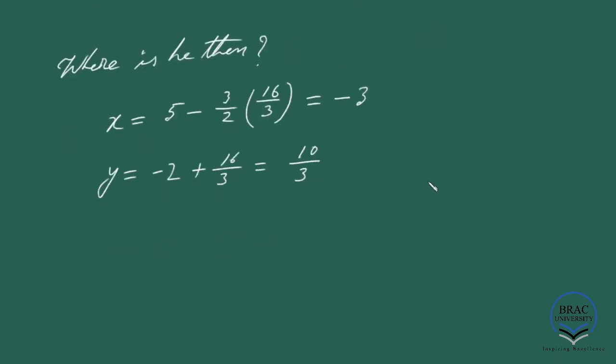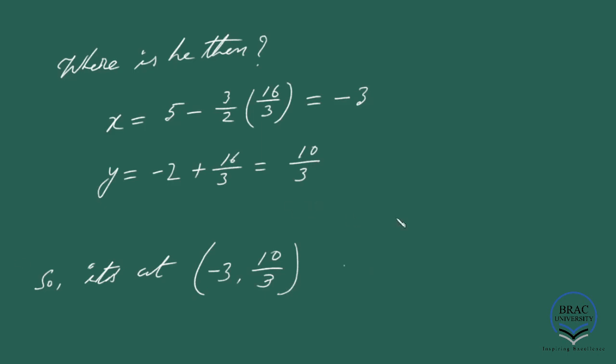Now I know where he is at that time, and that is where he drops his wallet. So the wallet is at the coordinate x and y, which is negative 3, comma 10 over 3. This is where he drops his wallet.